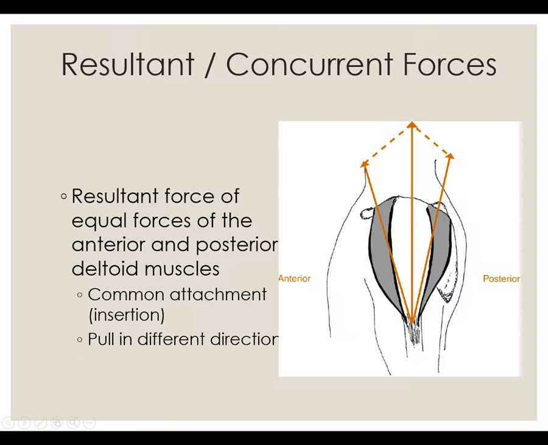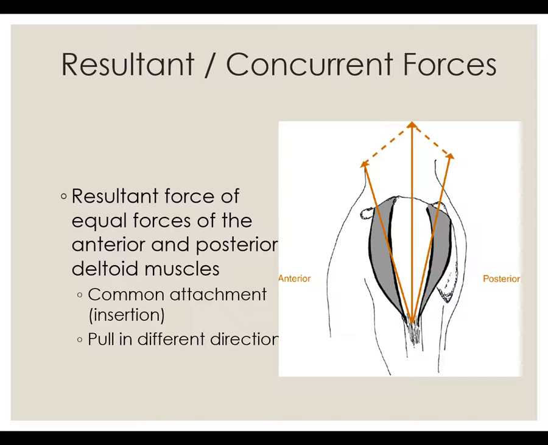A great example in the human body of a resultant force is the anterior and posterior deltoid muscles of the shoulder. So if you stop and think about the shoulder and go ahead and get into the fundamental position where your palms are facing the side of your body, and you raise your arms out to the side, all right?